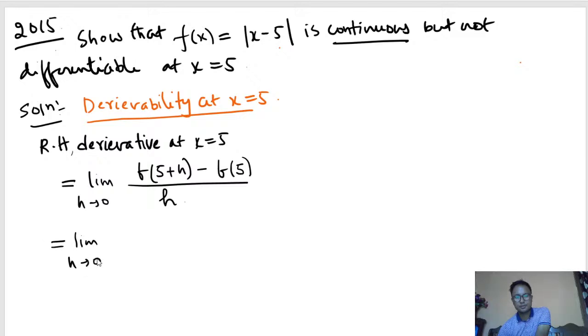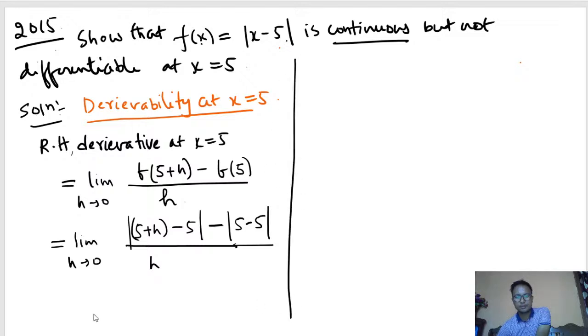Limit h tends to 0, f of 5 plus h, f of x is modulus of x minus 5, so modulus of 5 plus h minus 5, minus f of 5, and f of 5 is modulus of 5 minus 5.